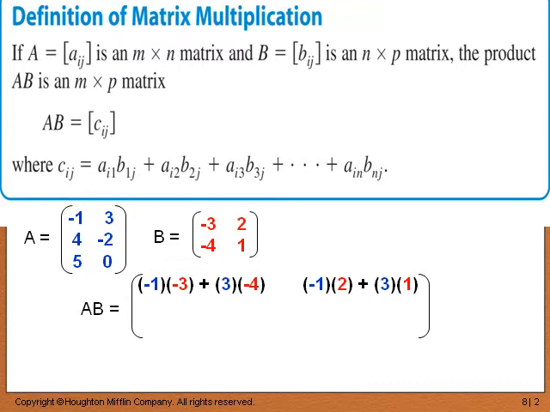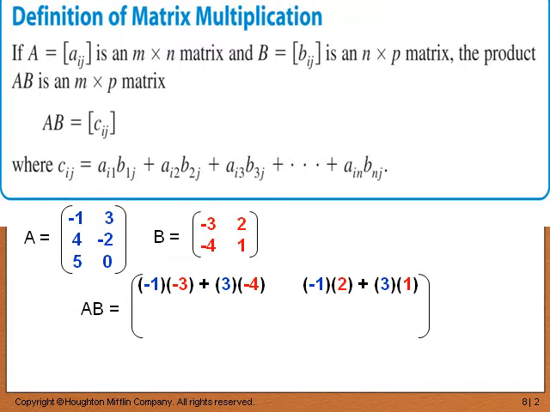AB equals, and we go one element at a time. Basically what we do is we take the first row of the left-hand matrix, in this case A is the left-hand matrix, and we take the first column of the right-hand matrix, and we multiply them.